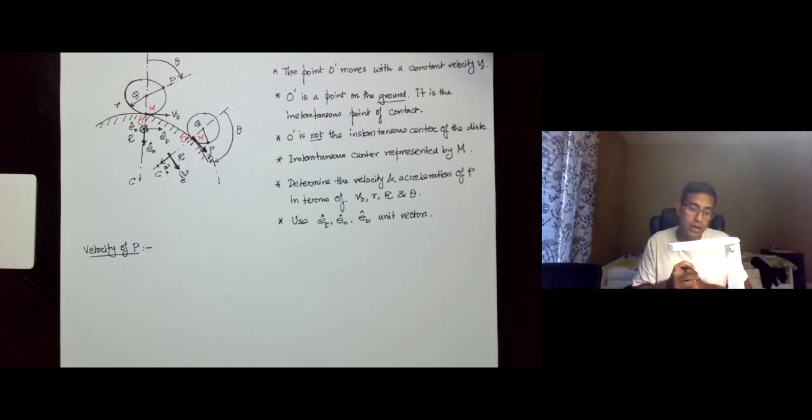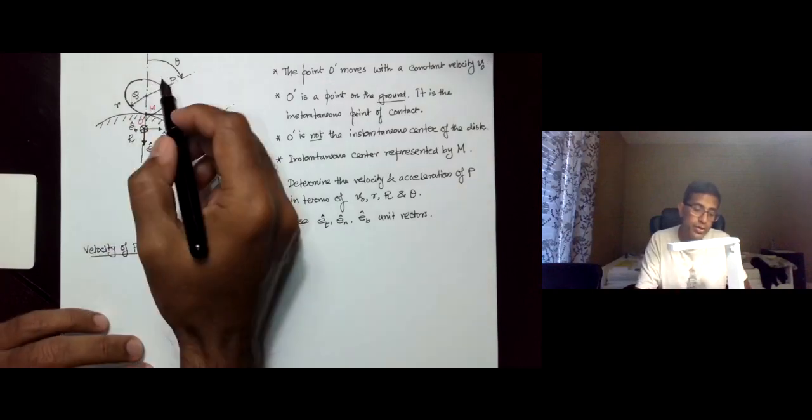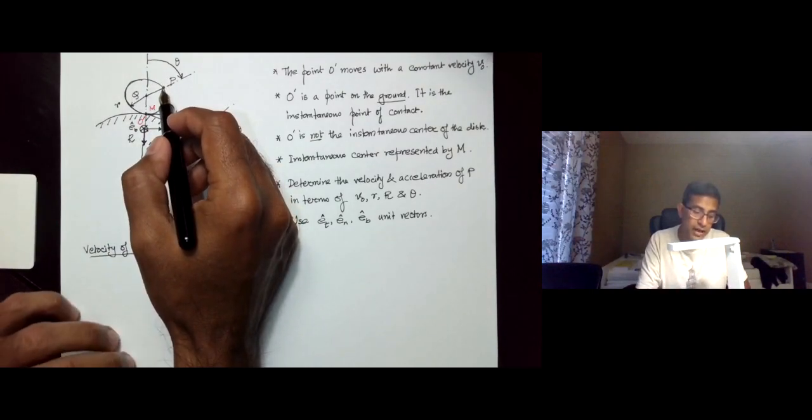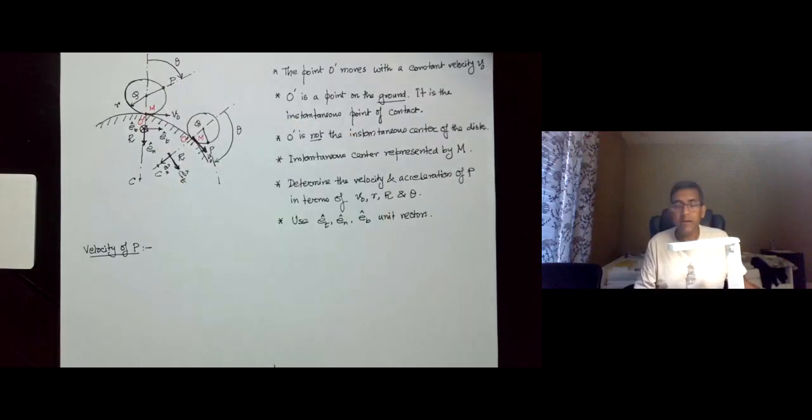However, if we use the second scenario where we express P in terms of O prime, P and O prime are not on the same rigid body. O prime is on the base surface, P is on the disk. That difference is critical because depending on which of the 2 points you choose, it determines what angular velocity we should be using when we relate the velocities of these 2 points.